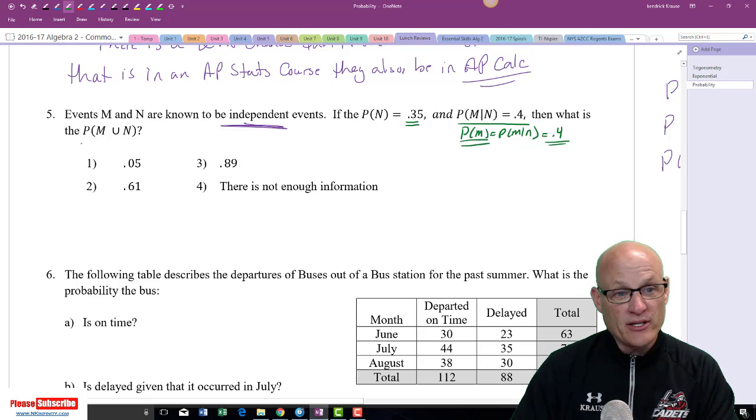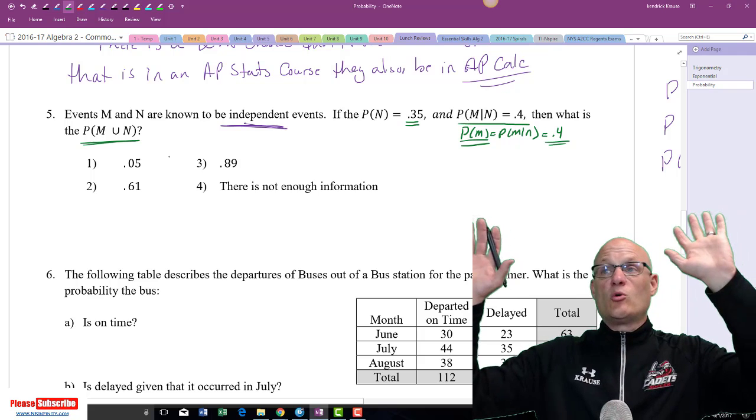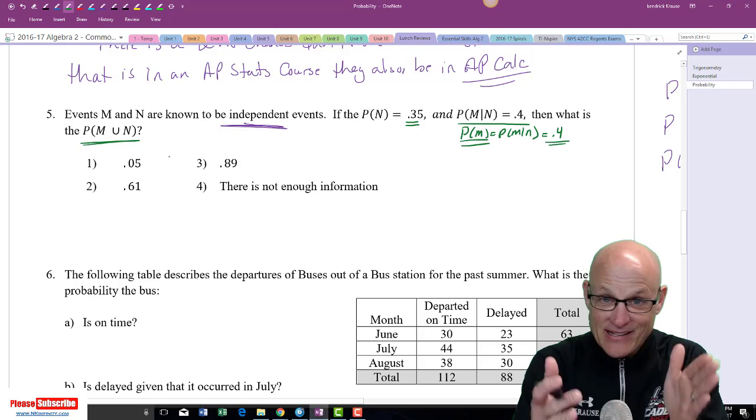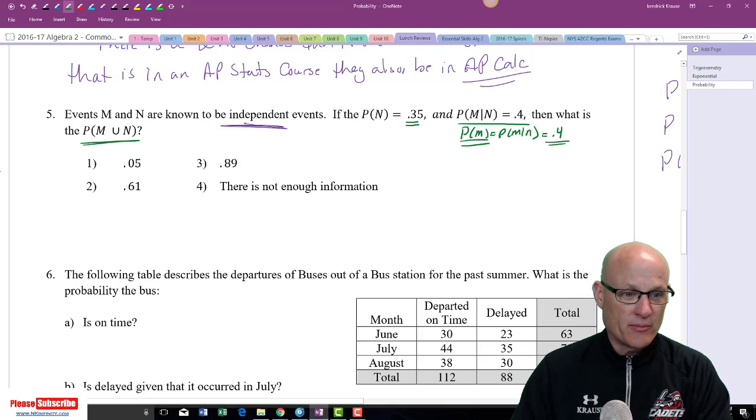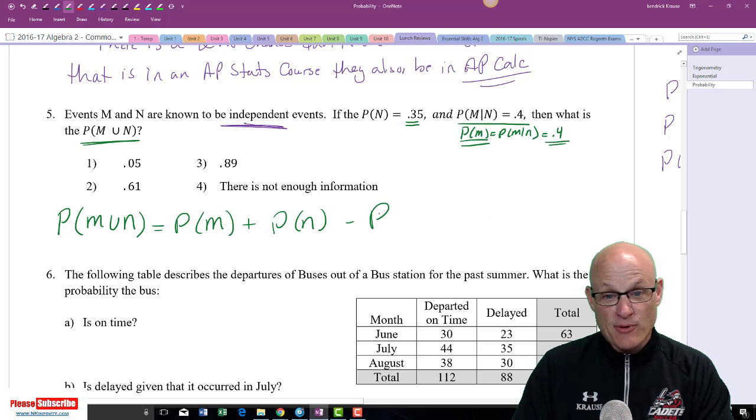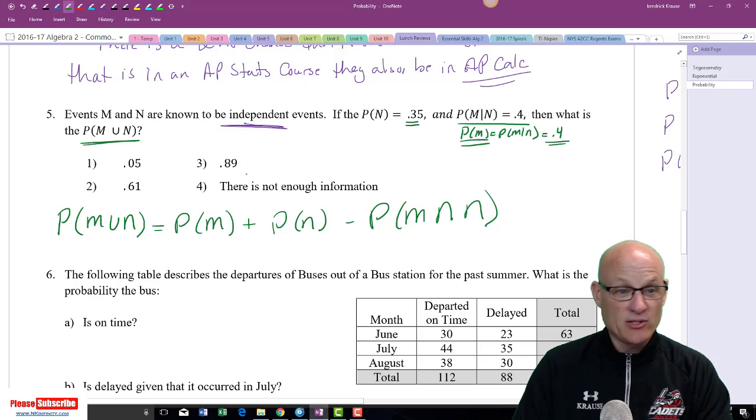So I know that the probability of M is 0.4. What is the probability of M or N? Whoa, I see the or. As soon as I see the or, I got to write the or formula. So probability of M or N is equal to the probability of M plus the probability of N minus the probability of M and N. Well, let's see what I know.